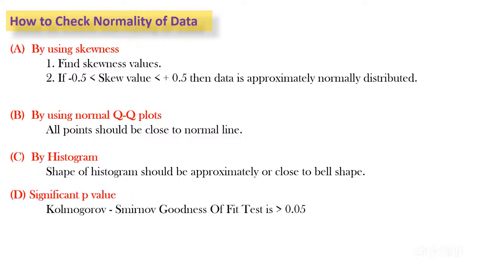And other than all these three, the best one, because all the three we say approximately. But the last one is statistically we can say using the significant value, which is the reliable one: the Kolmogorov Smirnov goodness of fit test.